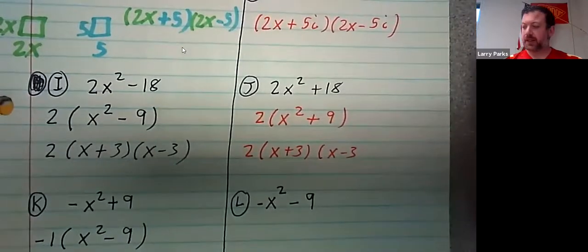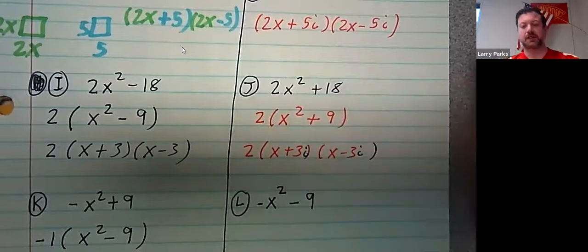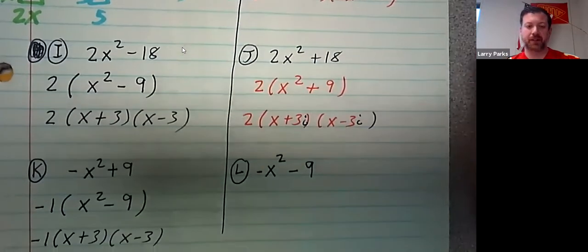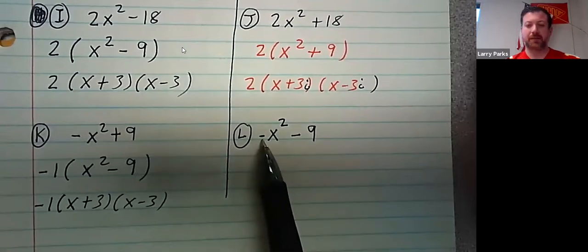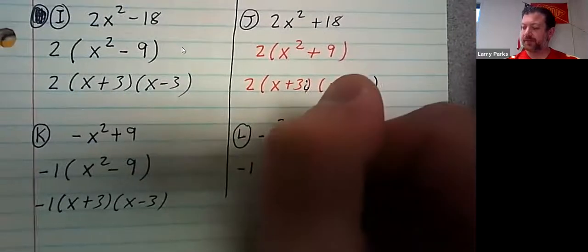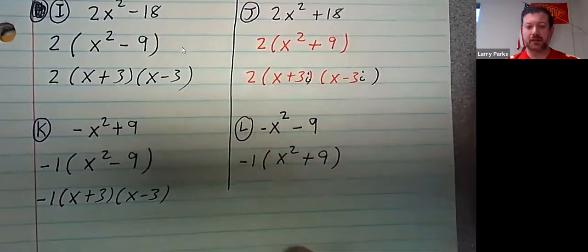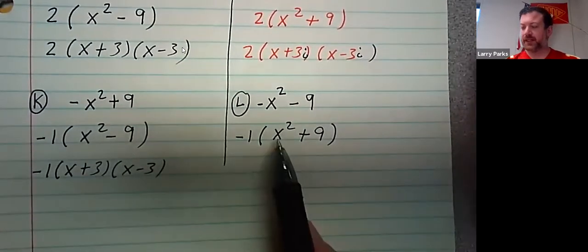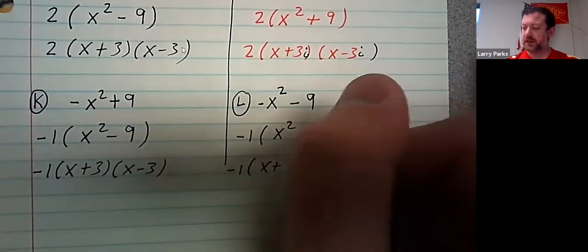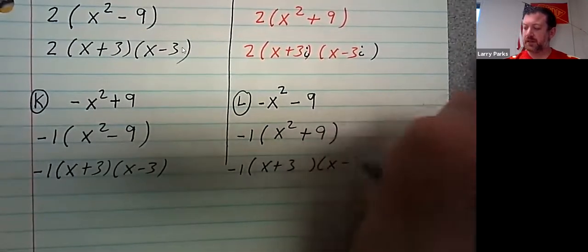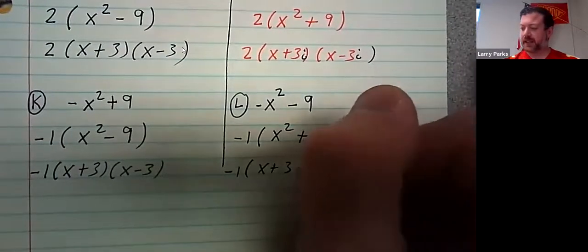But because it's a plus, you need the i. And then finally, I still factor out the negative 1. So I get x squared plus 9. And this still goes x plus 3, x minus 3. But because I have a plus 9, I need the i.